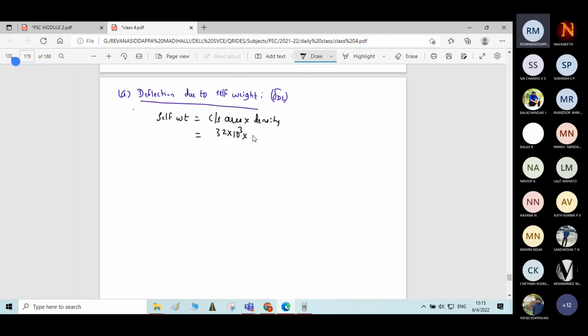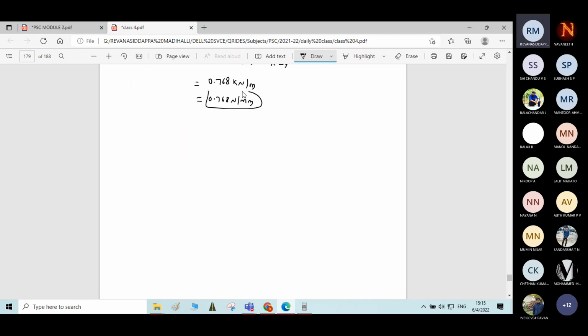So convert mm square into meter square: 1 mm is equal to 10 power minus 3 m, so 10 power minus 3 meter whole square into 24. I hope you understood. Therefore, the self-weight intensity you will get as 0.768 kilonewton per meter, or 0.768 Newton per millimeter if you convert into Newton per mm.